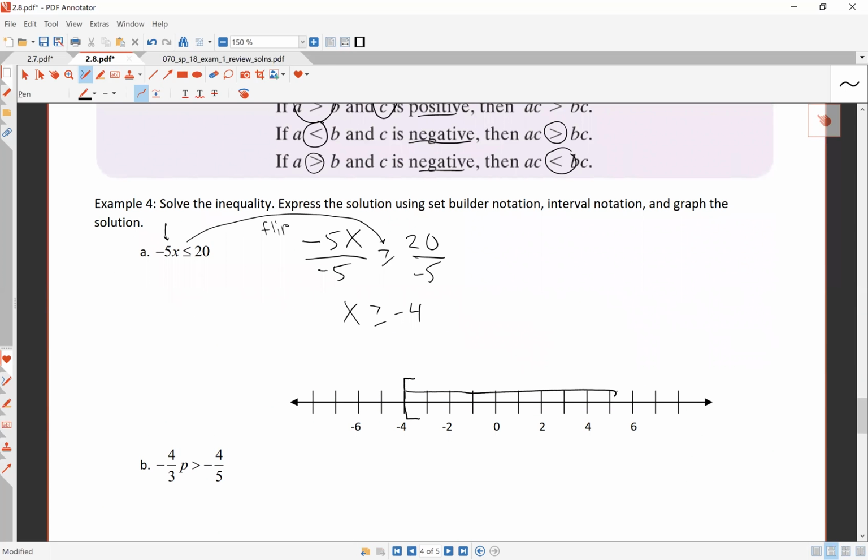Graphing that, interval notation, the left number is negative 4, the right it goes to positive infinity. We include the negative 4. The graph is there. Set builder notation, you always write the set of x such that, and insert the inequality.